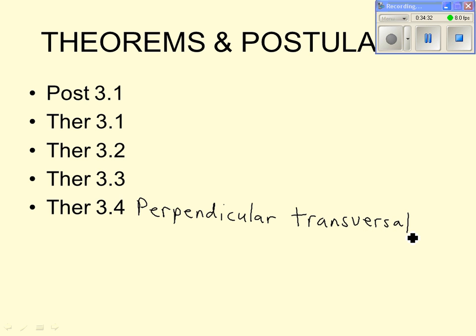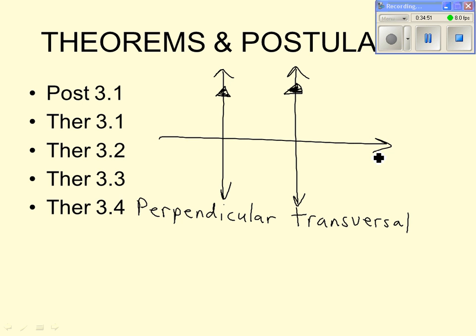And all it says is, if these 2 lines are parallel to each other, and we have a transversal, and you know one of those angles is a right angle, guess what has to be true about all other 7 angles?